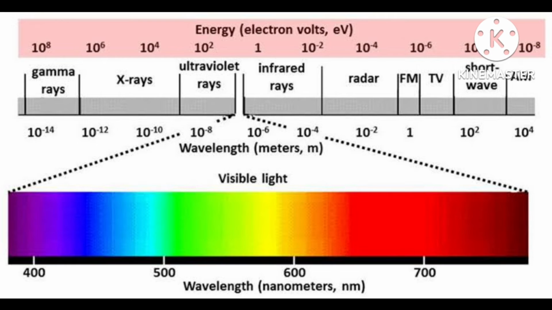Then I told you, before solving the numericals, you have to remember the velocity of light and this relation: C is equal to nu into lambda. These two things you keep in mind. Frequency unit is s minus 1, that you know, and lambda, the wavelength, is in meter or centimeter, sometimes nanometer.